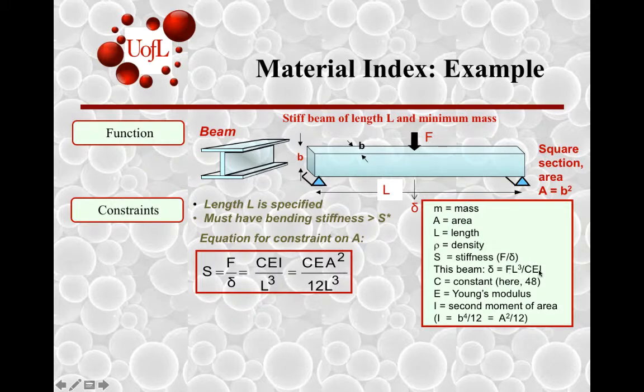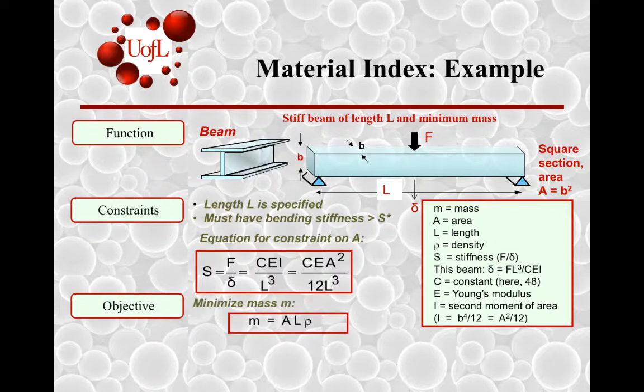So, as we looked at over here, if you insert the value of delta into this equation and substitute for C, you will get this term over here for stiffness. If the objective is to minimize the mass of this beam, mass is area times the length, and so you get a volume term over here.